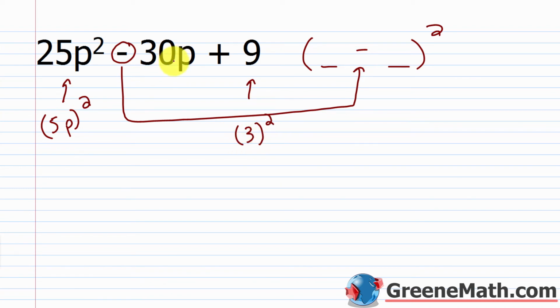And then what about our middle product? Is it 2 times 5p times 3? 2 times 3 is 6, 6 times 5 is 30, 30 times p is 30p. So yes, that all works out. So we would write this. We take what's being squared in the first term, so that's 5p. That goes in the first position. And then minus, we take what's squared in the last position, that 3, and we write that. So you get the quantity 5p minus 3, that's squared.